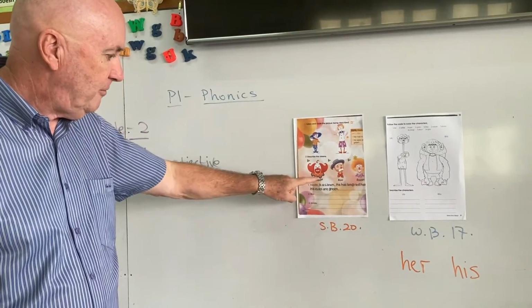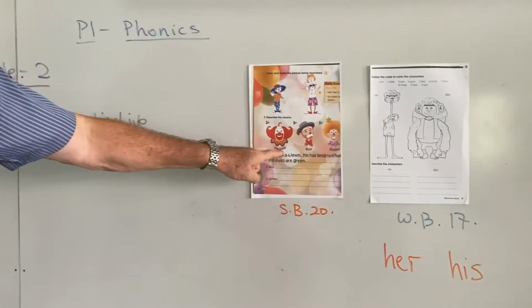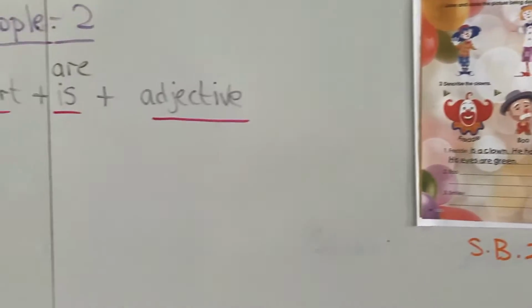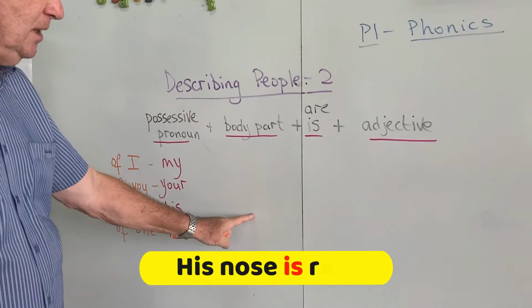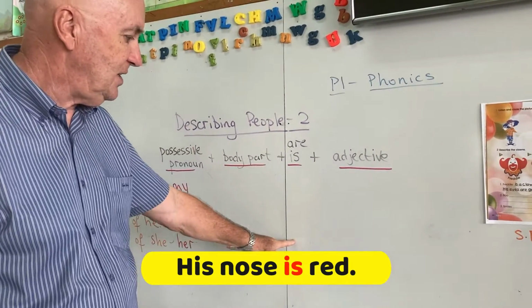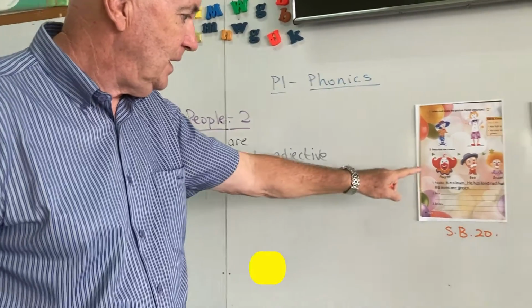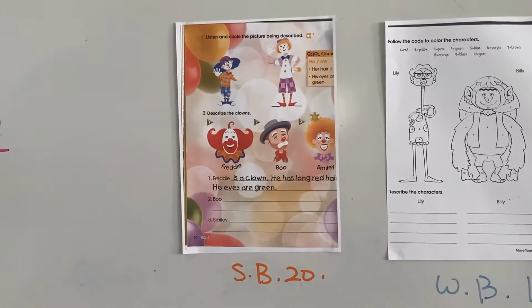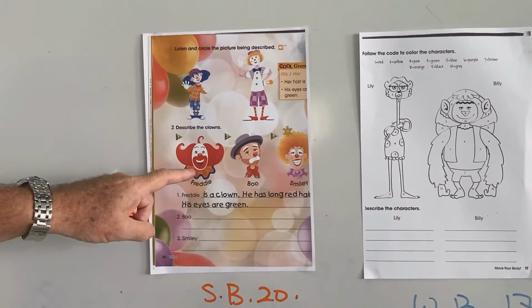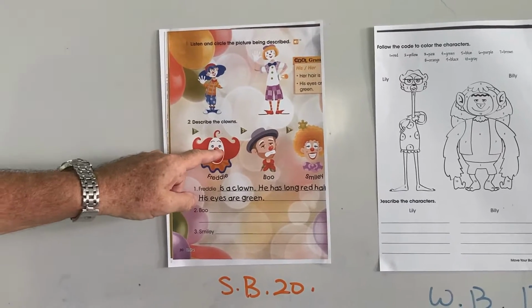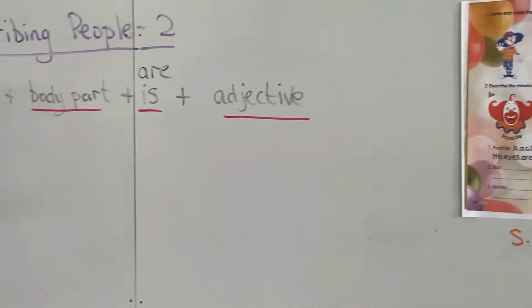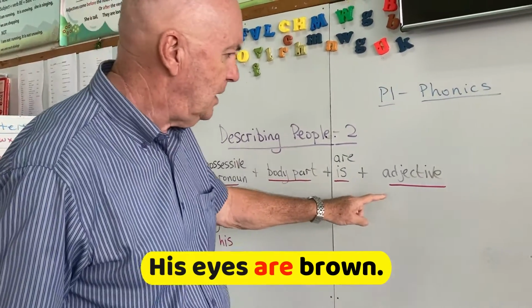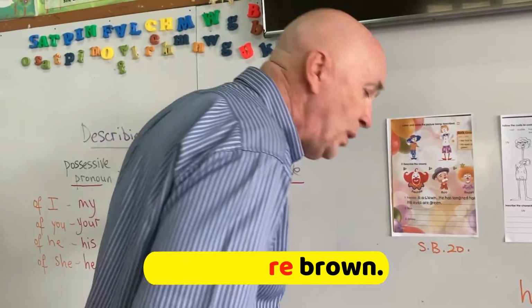So Freddie is a boy, he, so I would therefore say, okay, his nose is red. His nose is red. One nose, so I use is. Okay? But if I'm talking about his eyes, 2 eyes, then I would say his eyes are brown.